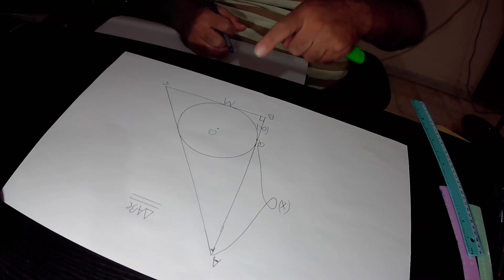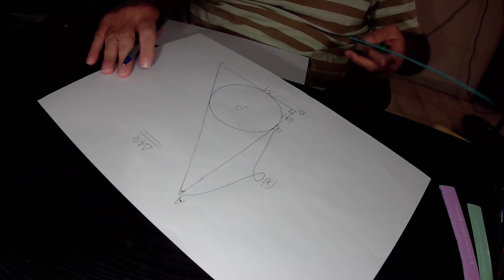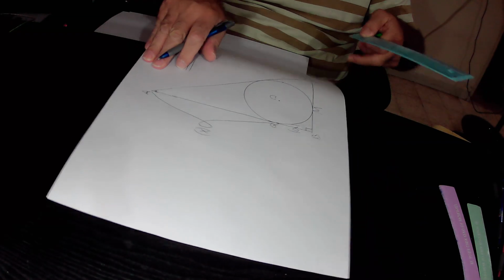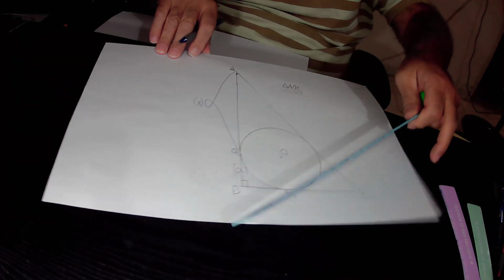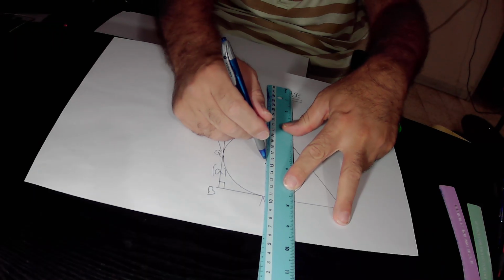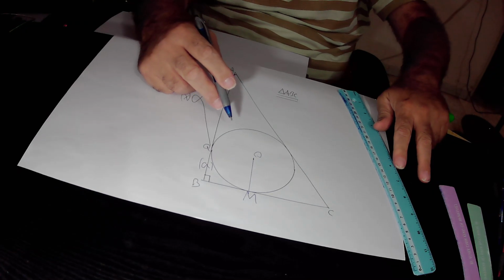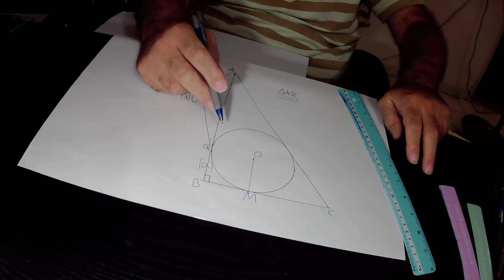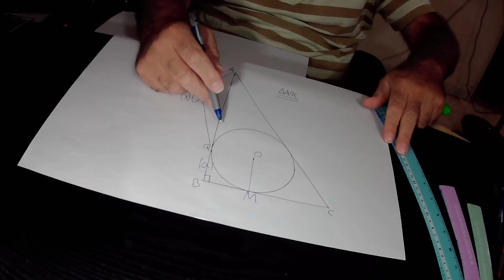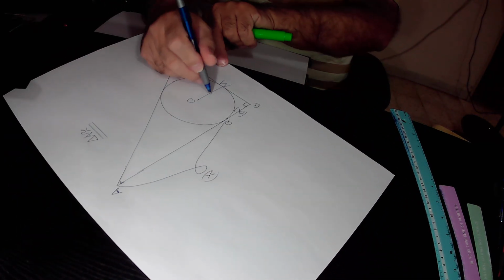In the next step, we join points O and M together by a straight line. Point O is the center of the circle, point M is a point on the circle itself, therefore OM is the radius of this circle, equal to R according to our definition.